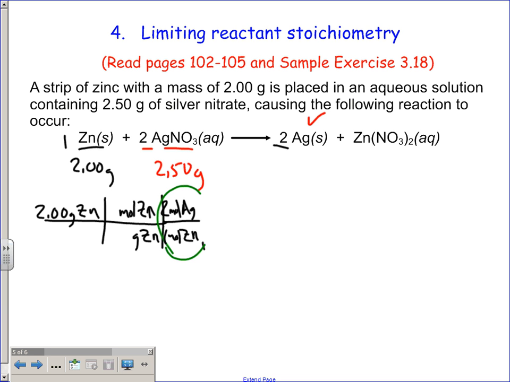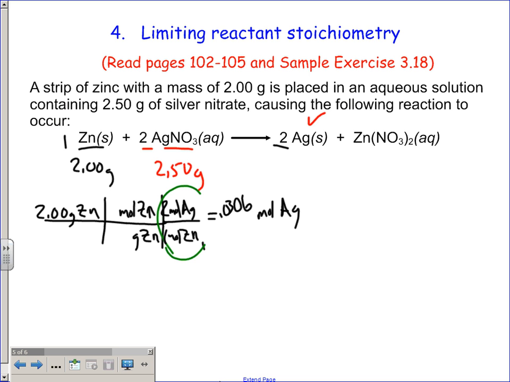If I want to find the limiting reactant, the limiting reactant makes less. It doesn't really matter whether I'm talking about moles or grams. So I'm going to stop right here and just do a quick two-step dimensional analysis problem to calculate how much we get. And as it turns out, you get 0.0306 moles of silver.